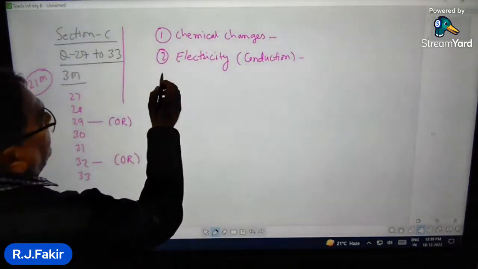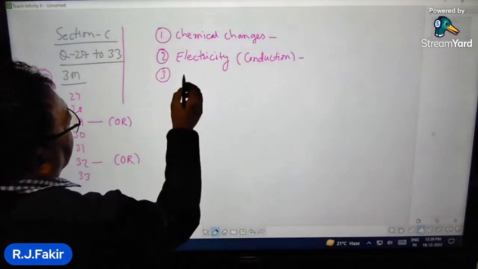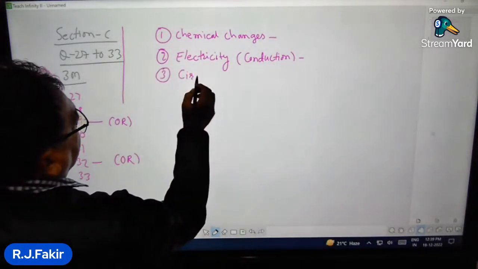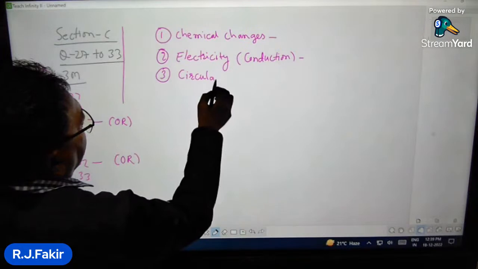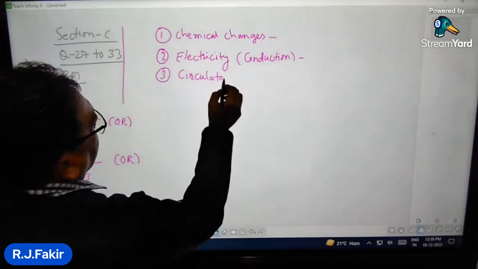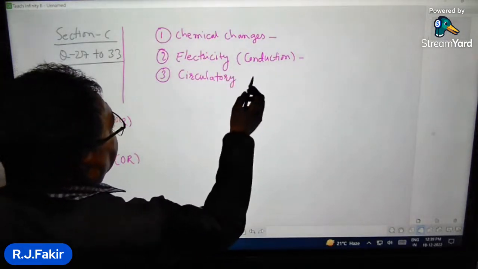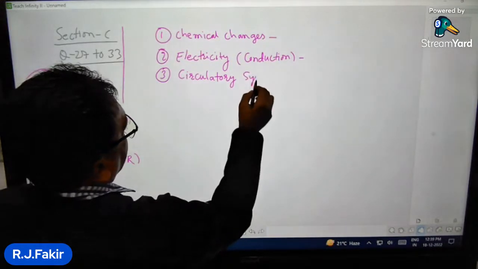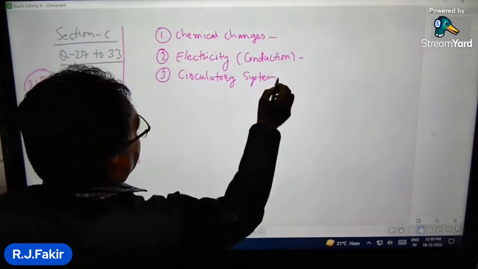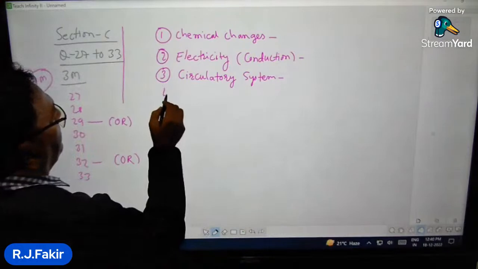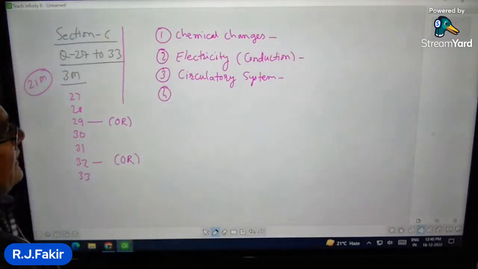Another question you can get is on the circulatory system, that is the heart, then arteries, veins, how the blood is circulated through our body. One question is expected from this.